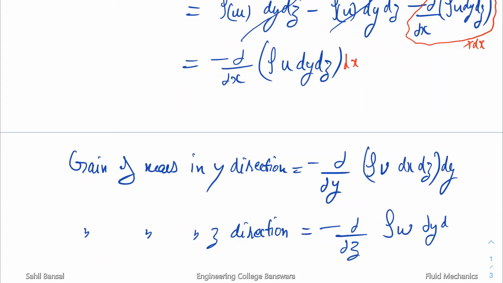Actually it's also right, but we will write it in a similar way. So it will be dx dy into dz.